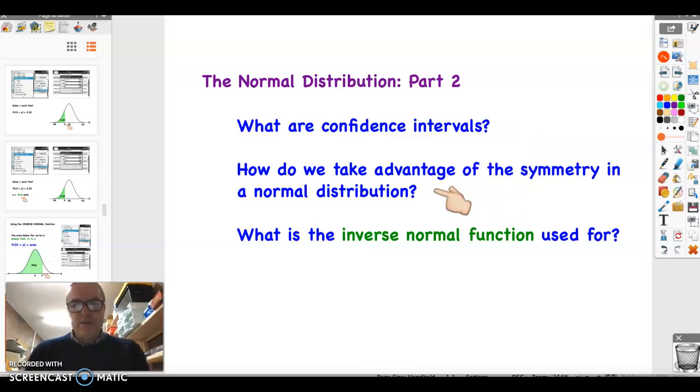How do we take advantage of that symmetry to find out other facts or probabilities associated with a variable. And in the second part of this lesson we talked about the inverse normal function, how we use an area that's known on a graph to give us the value of a variable that's associated with that area.